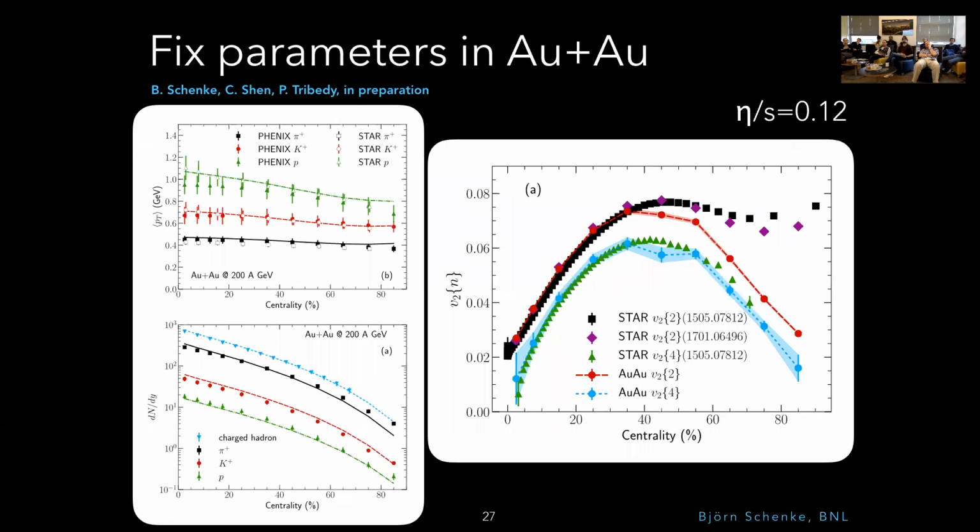And so again, what we do first in our framework is to do this whole study for gold-gold collisions and fix all the parameters again. And again, we see that for gold-gold at RHIC, we can get a very good description of the charged particle multiplicity as a function of centrality, for different identified particles and charge states. That's shown here.